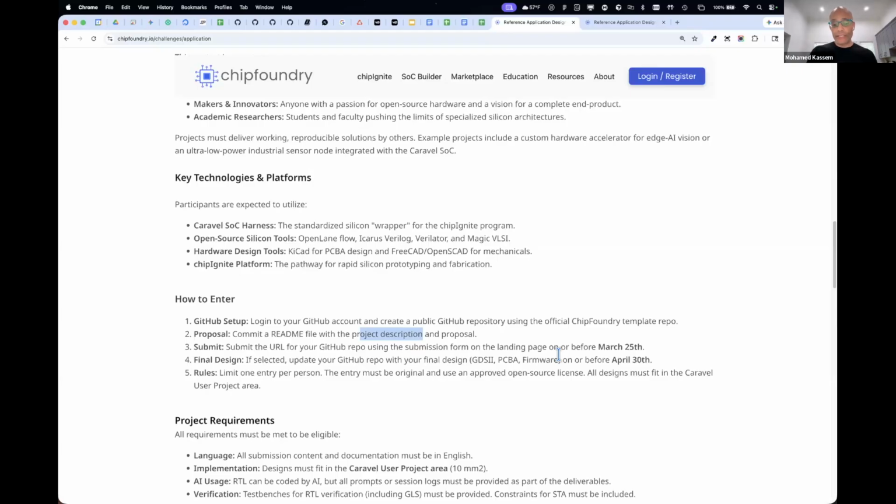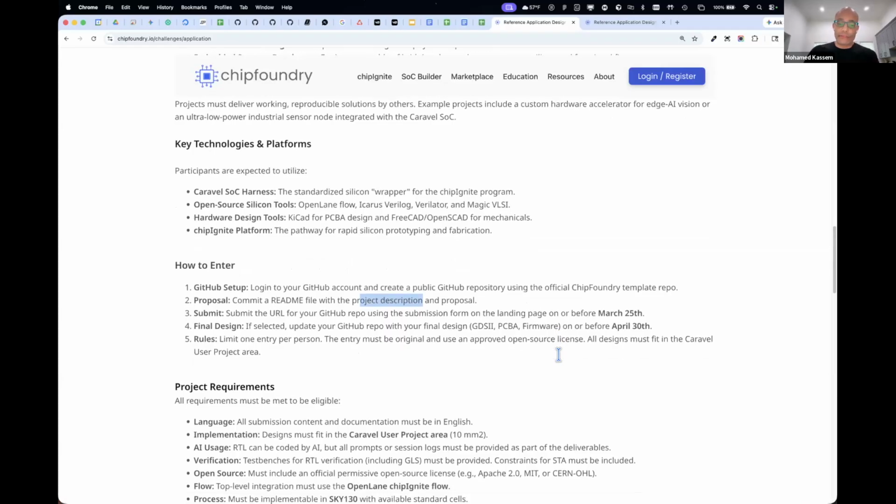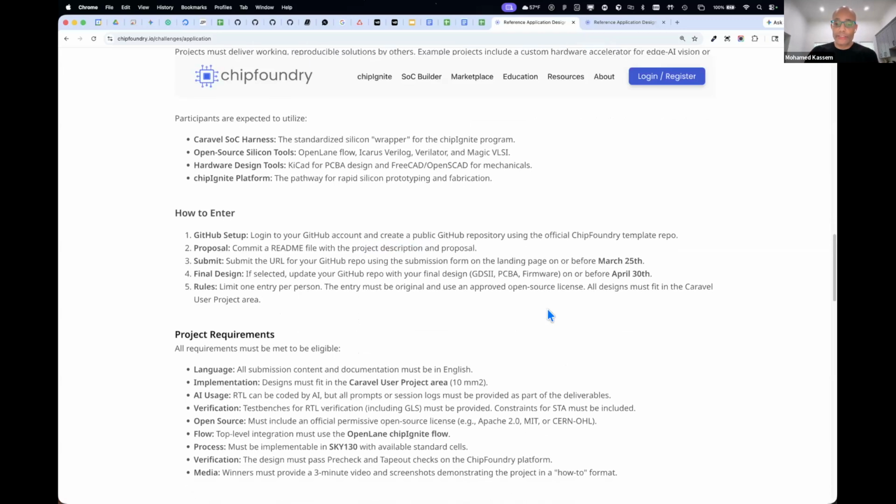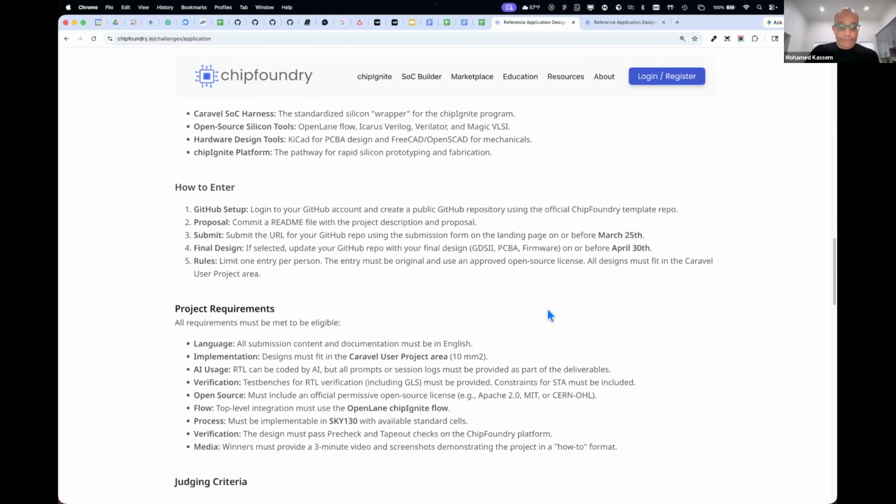But in general, I don't want the concept of who's winning to prevent other people from thinking this way and actually contributing, because the intention from Chip Foundry is to make that happen several times, and hopefully we're going to run these challenges regularly.